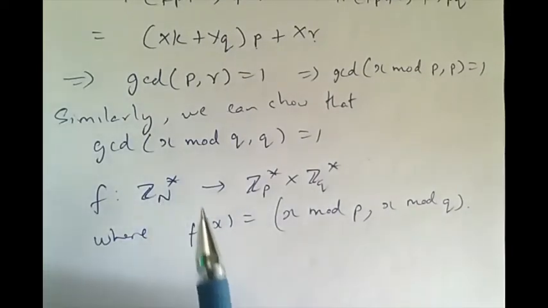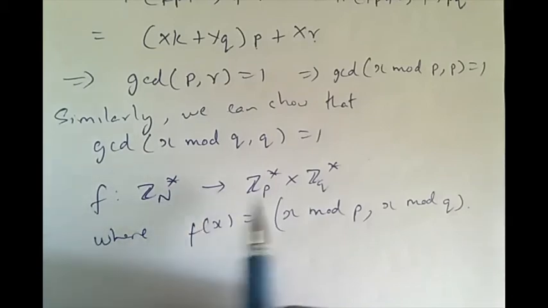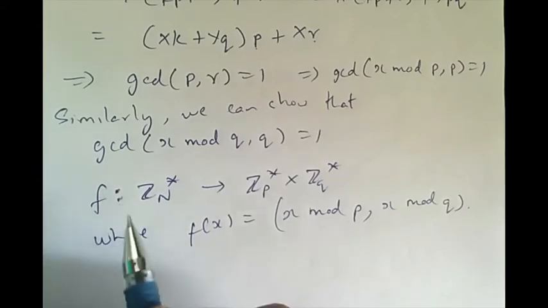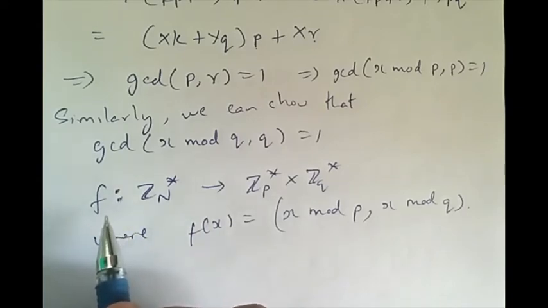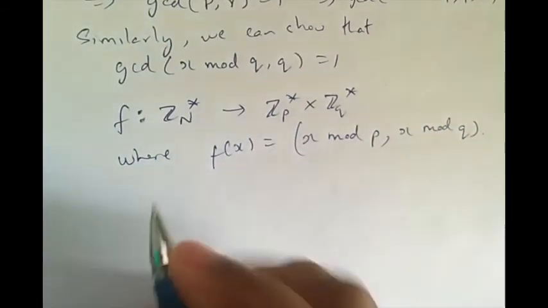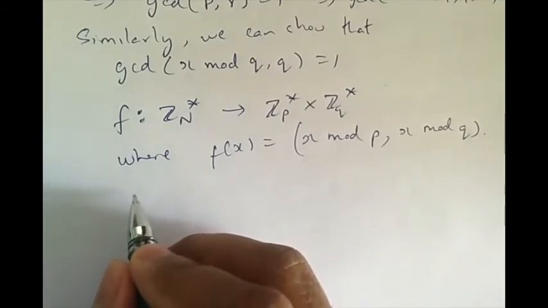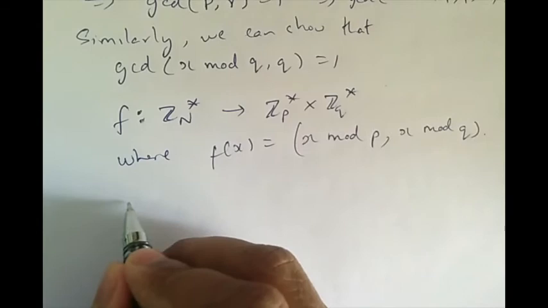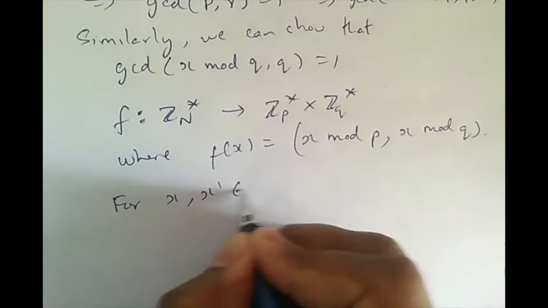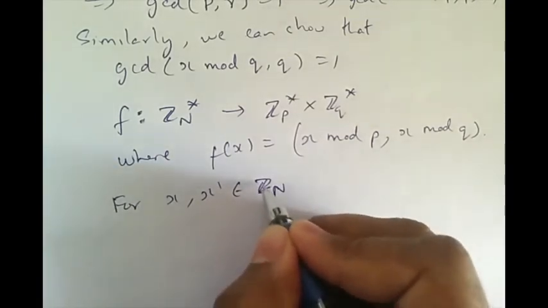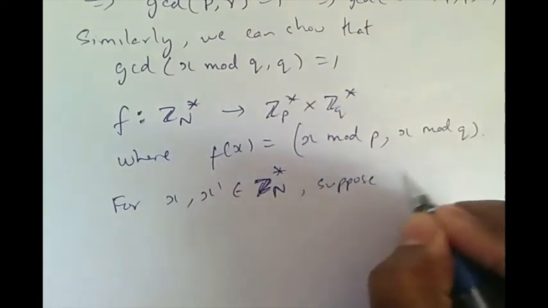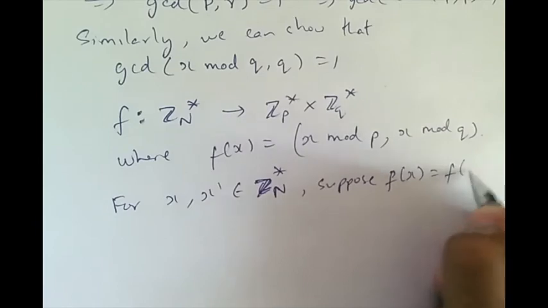But we wanted to show more. We wanted to show that this is in fact a bijection. So we can try to use the same strategy as before. So let's first show that it is 1-to-1 and then see where that takes us. So let's consider x and x prime in Zn star, suppose f of x is equal to f of x prime.